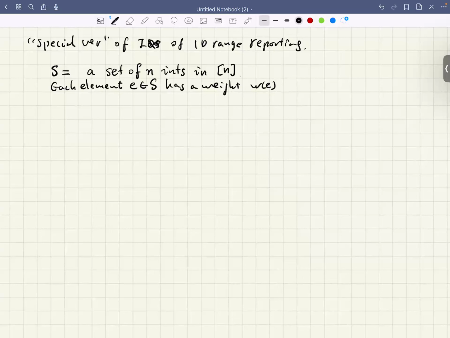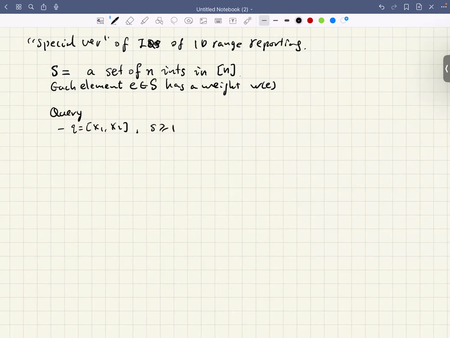Now a query contains an interval, let's say [x1, x2]. Let's say this is Q, and also you have this s. This s tells you how many samples you want to get.